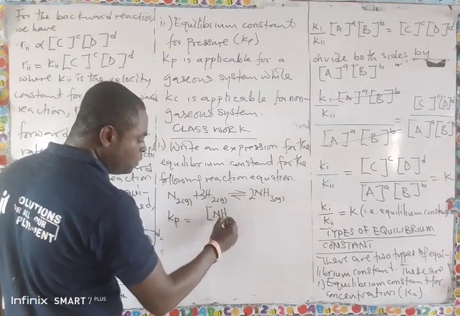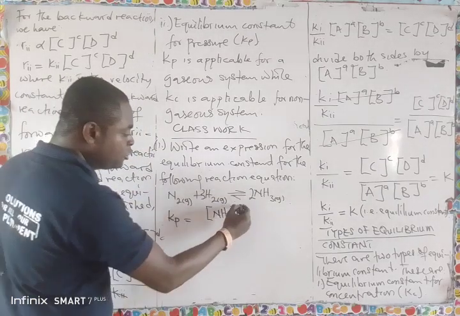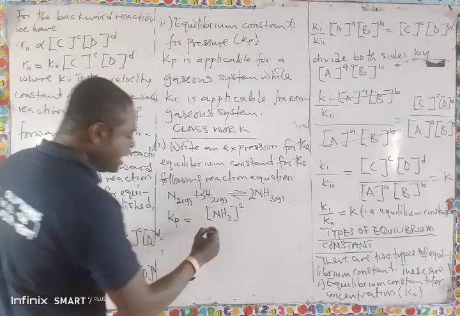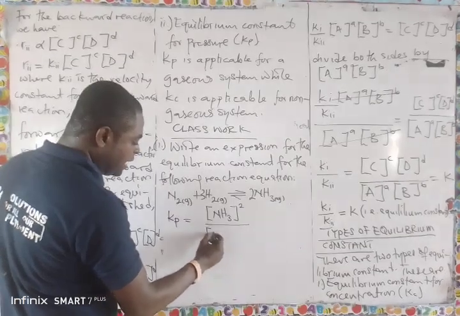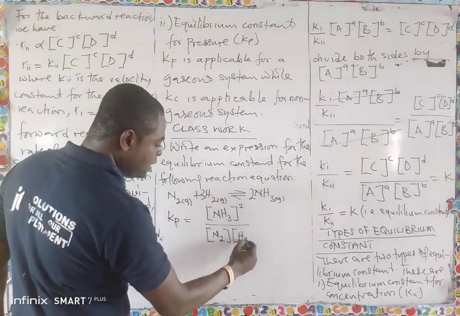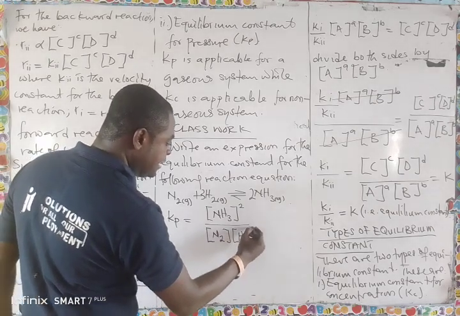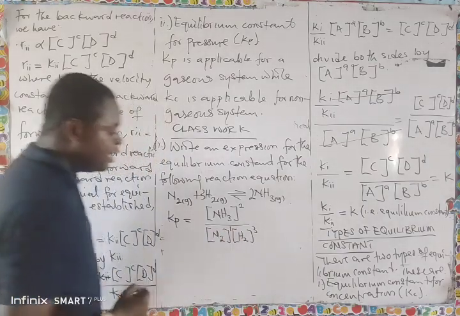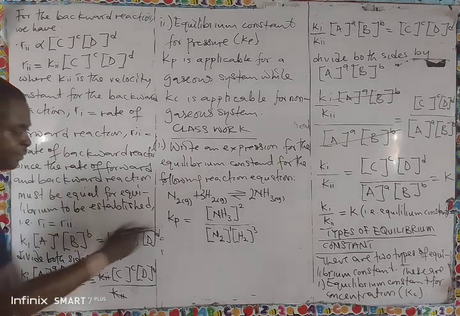I will not write this coefficient, I will put it up as a power. Then divided by, what are the reactants? N2 and H2, raised to power 3. This one is raised to power 1. Either you put the 1 or you don't. Are we together? That is the answer.